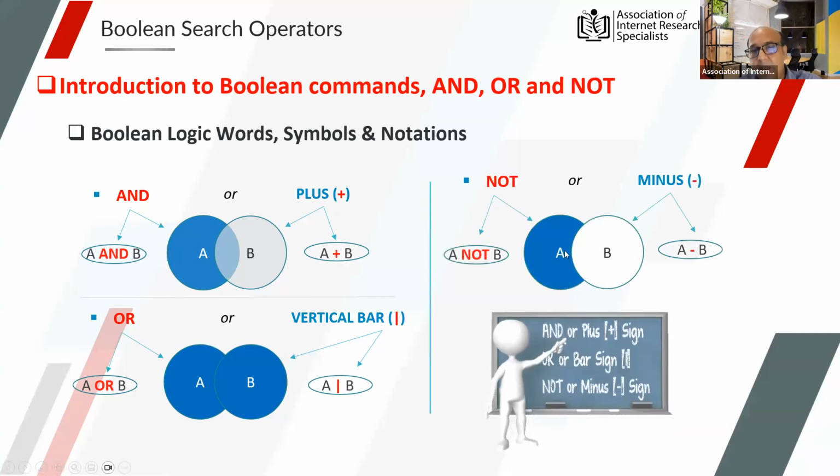NOT is something which is similar to when we use the minus sign and we want to eliminate something that is on the right hand side of it. So the minus sign is exactly replacing NOT. The vertical bar here is actually a substitution for OR.